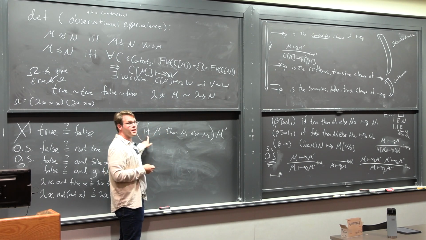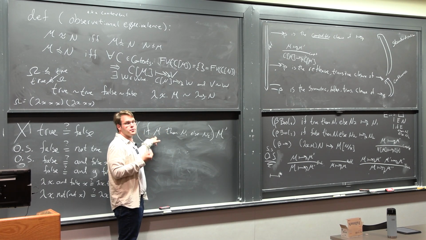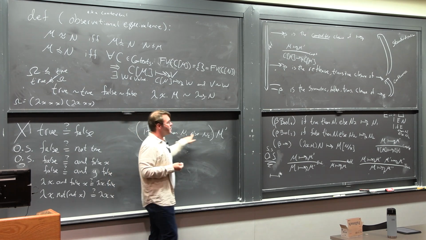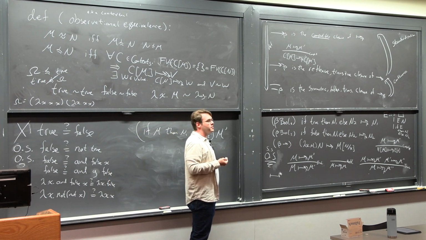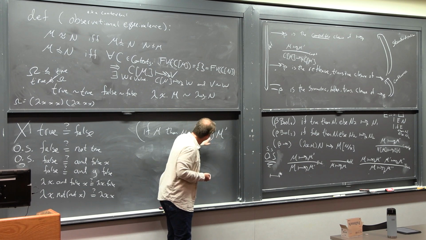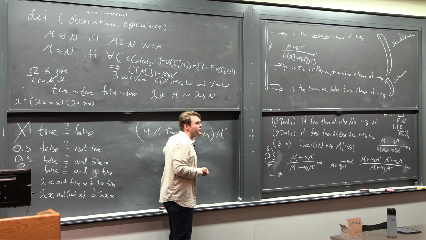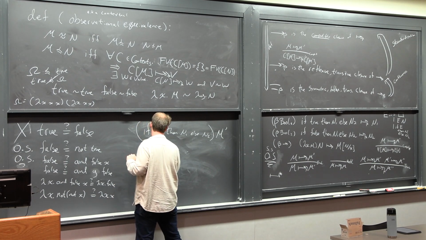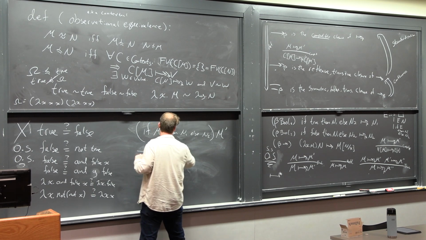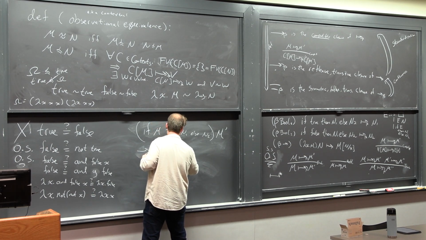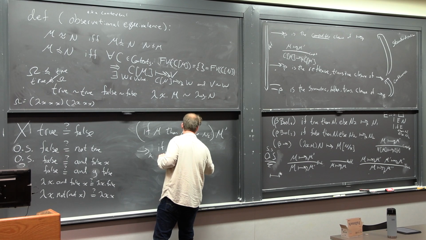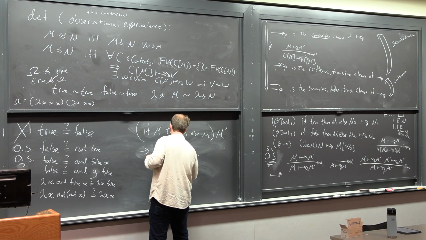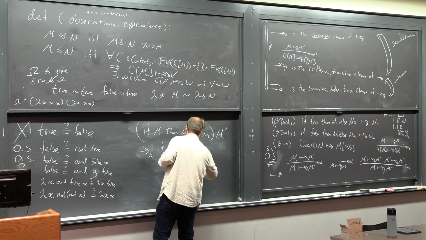If I have an if then else and I don't know how to resolve it yet because I have to figure out the Boolean, but these return functions and I apply those functions, then I might as well move the m in so maybe it can interact with the two branches. So this could reduce to if m, then n1 applied to m prime, else n2 applied to m prime.